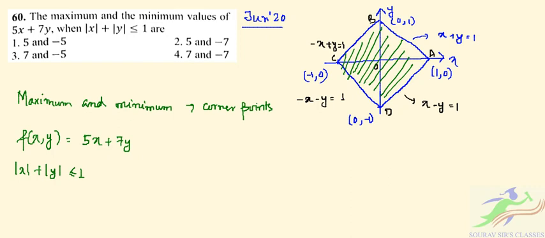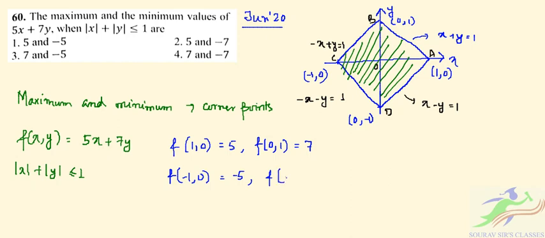So f(1, 0) is 5, f(0, 1) is 7, f(-1, 0) is -5, and f(0, -1) will be -7.